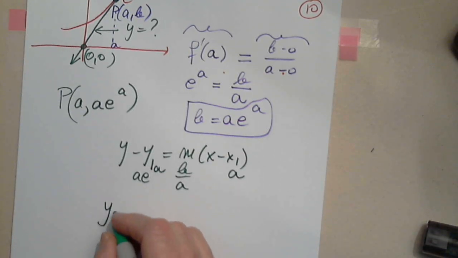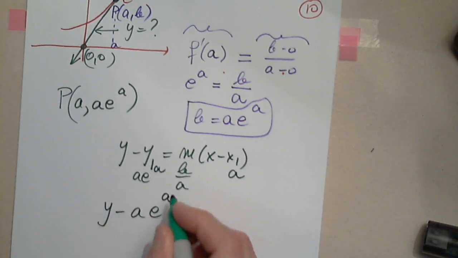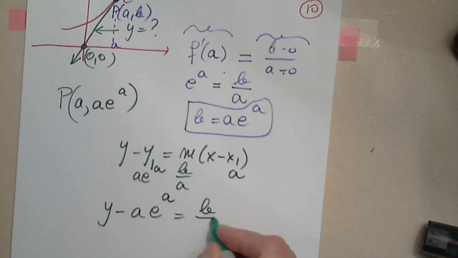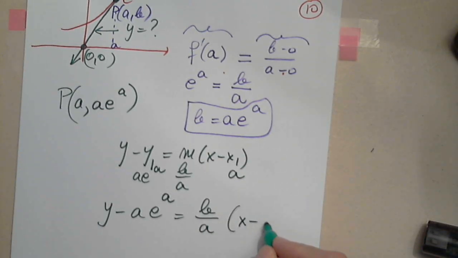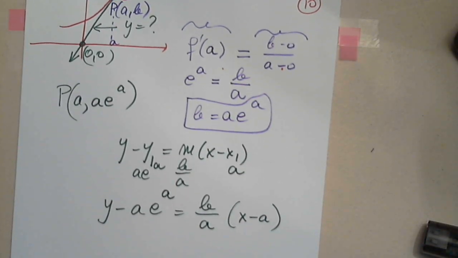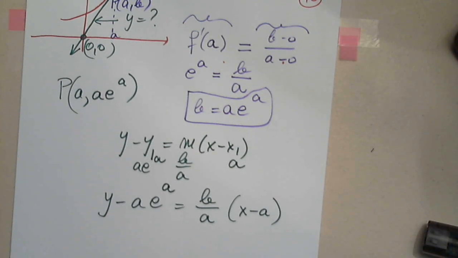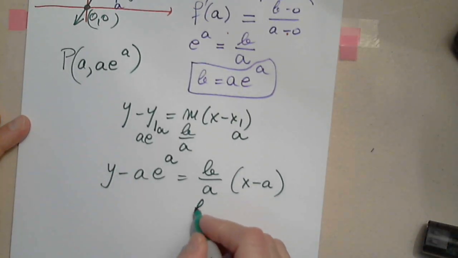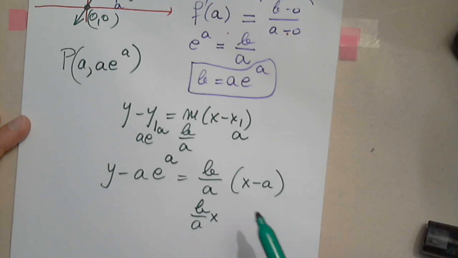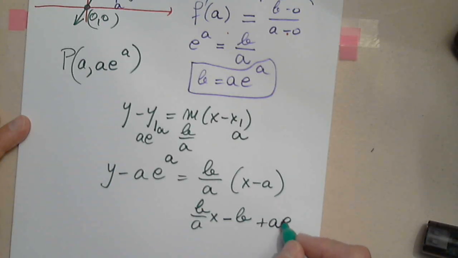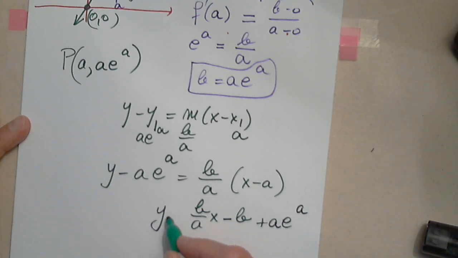So y minus a e raised to a equals b over a times x minus a. So let's see, I'm distributing. So b over a times x, b over a times a will be minus b, and then plus a e to a.